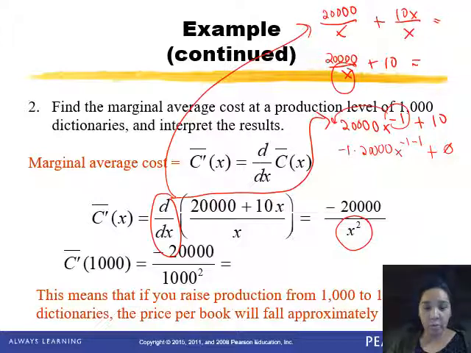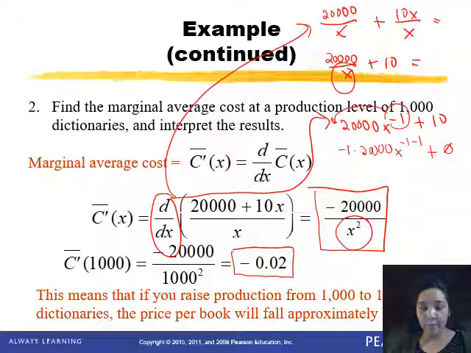And so once we have this function here, we can plug in 1,000 for the amount of dictionaries produced. And so minus 20,000 divided by 1,000 squared, and that gives us negative 0.02.